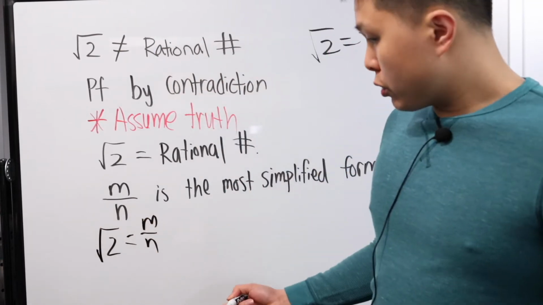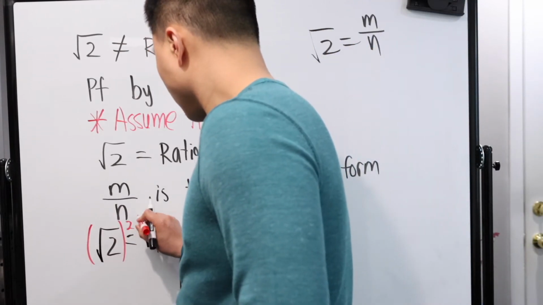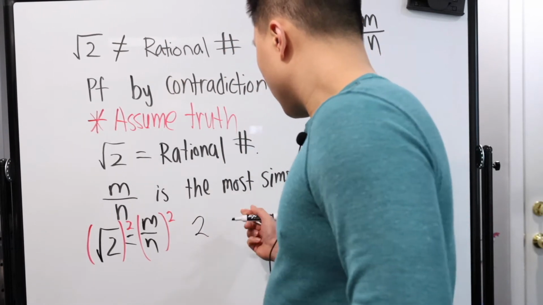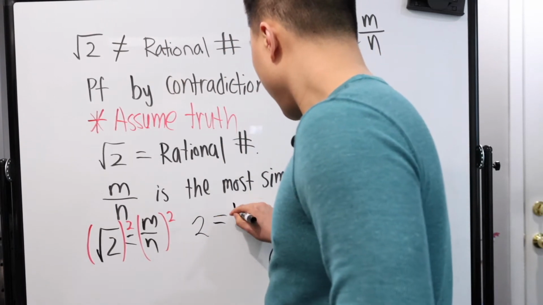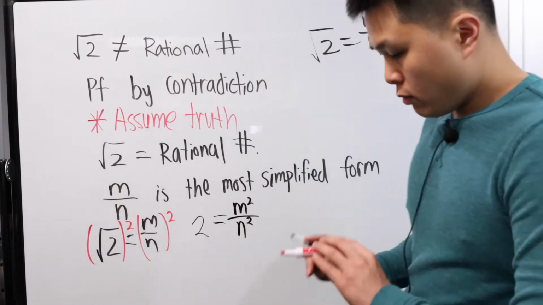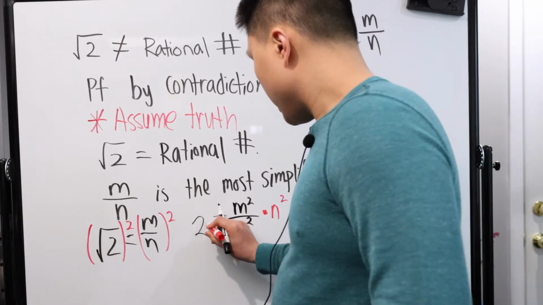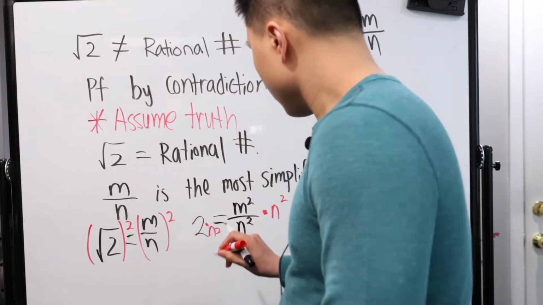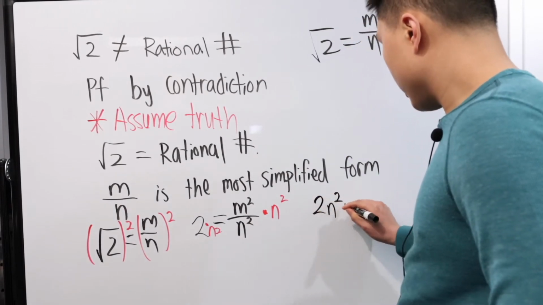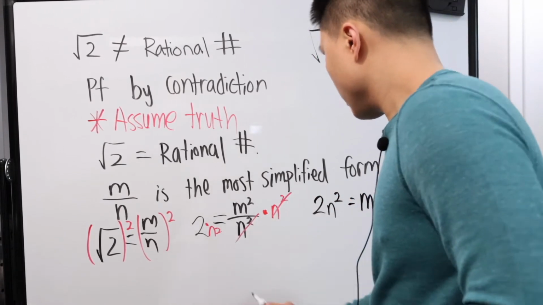And we don't like the square root 2, so what we're going to do is just square both sides. Okay, so that means 2 equals m squared over n squared. Now, if we multiply n squared on both sides, we basically get 2n squared equals m squared, because the n squared cancels out.